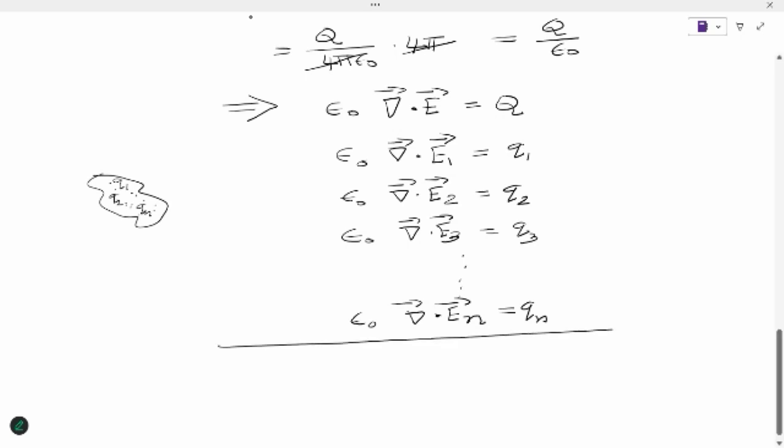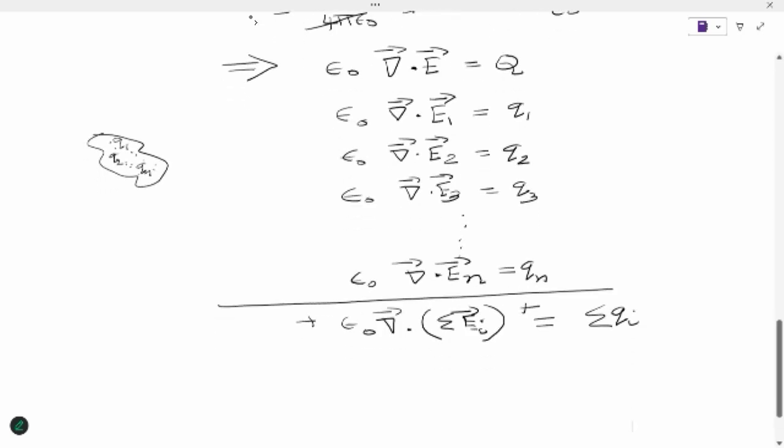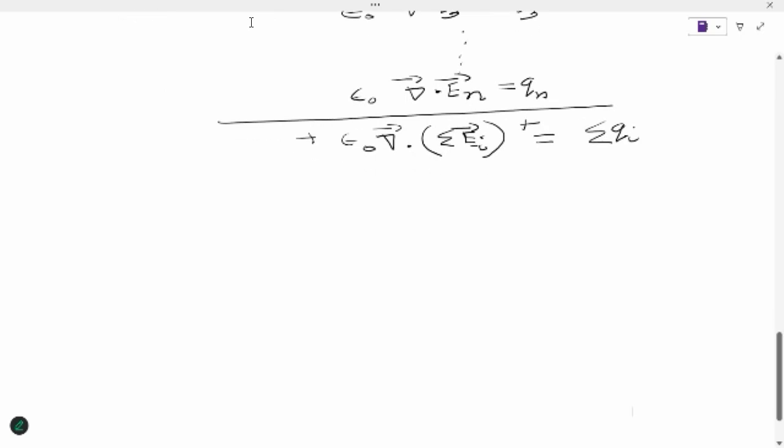If now I do the summation here, this becomes epsilon naught divergence of the sum over all electric fields Ei equals the sum over all charges Qi. And this summation of electric fields is the net resultant electric field at a point.